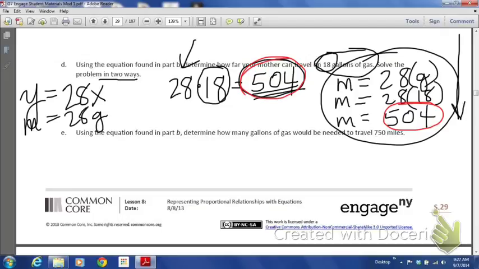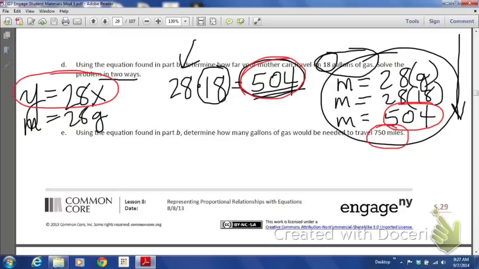Okay, then E here says, using the equation found in part B, same equation over here, determine how many gallons of gas would be needed to travel 750 miles. So again, now we're just plugging in numbers where we have them. We have 750 miles given to us. We no longer have the gallons of gas.